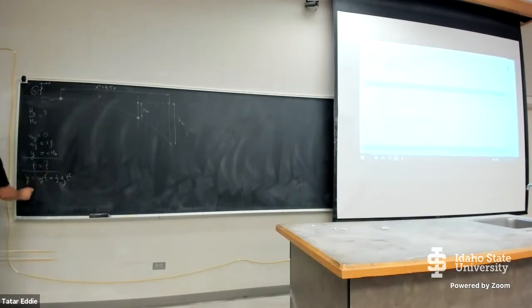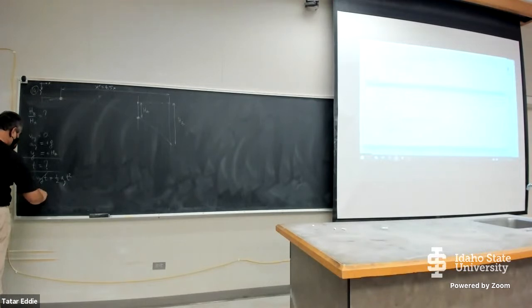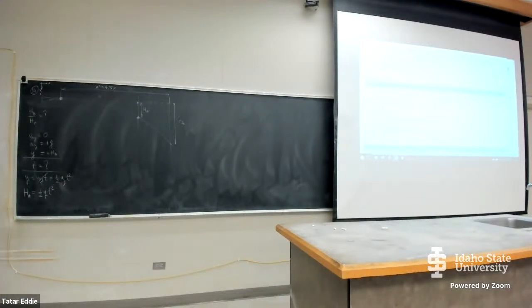V naught y is 0, so this term goes away. And I have HA equal to 1/2 positive g t squared. Okay, so this is good. I expressed it, though the time is still unknown here.